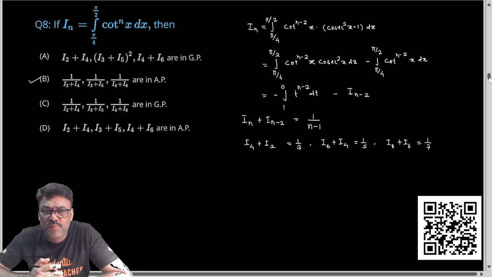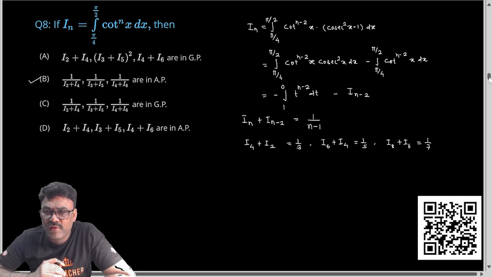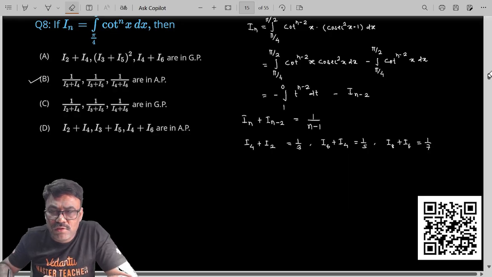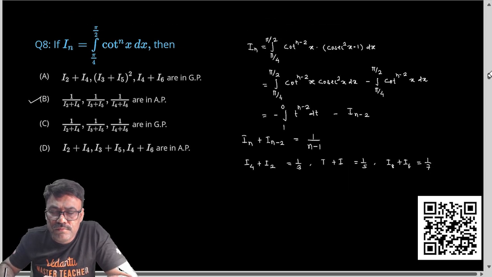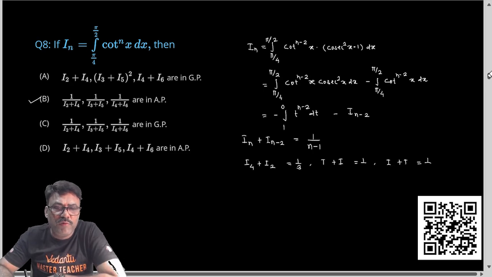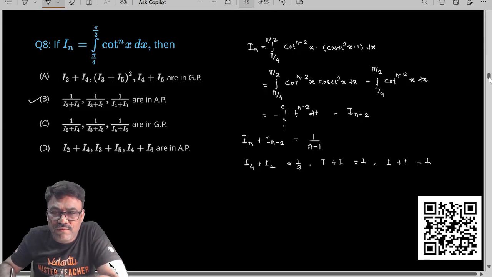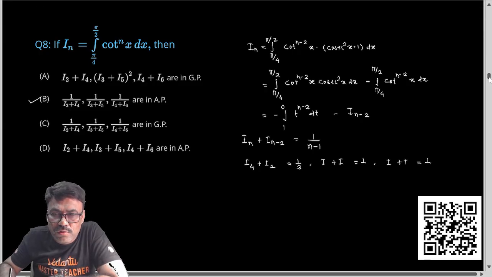If I take the reciprocal of I2 plus I4, I3 plus I5. In fact, they have taken I2 plus I4, I3 plus I5, I4 plus I6. Anyhow, let me check. So if I put n is equal to 5, I will get I5 plus I3 is equal to 1 by 4.